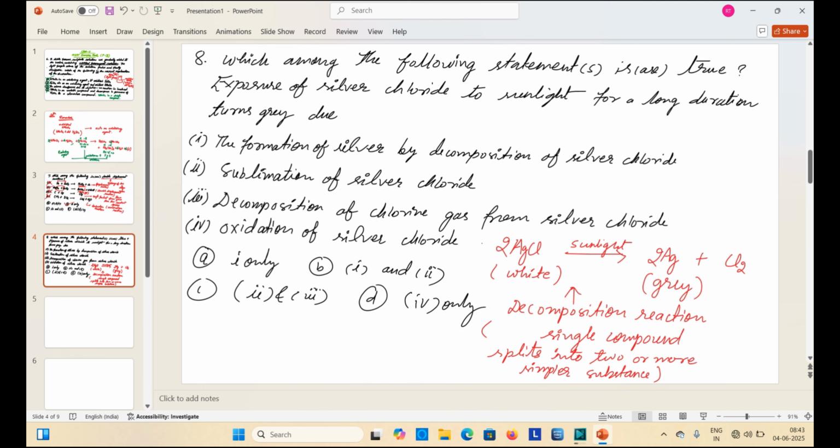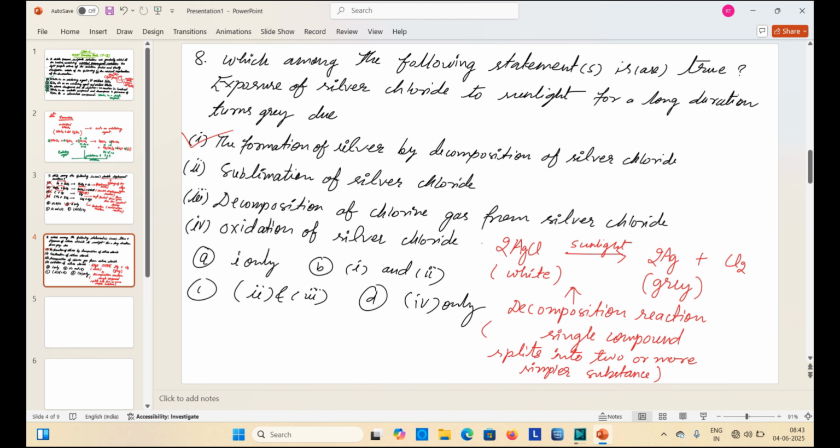Come to the first statement: the formation of silver by decomposition of silver chloride. Yes, why is this white color turning into gray color? Because of the formation of silver, and this statement is true. Second, sublimation of silver chloride.